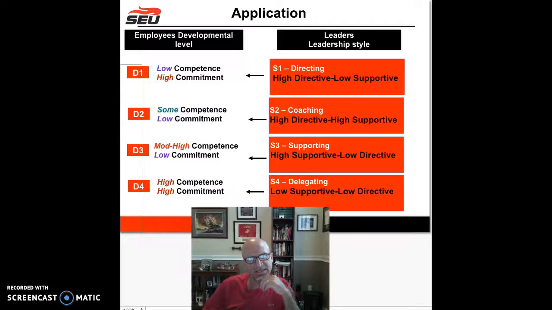And then once you get to D4, where you have both high competence and high commitment, the leadership should be more of a delegating style, not necessarily directive or coaching, but essentially allowing the worker to do what he or she is supposed to do.